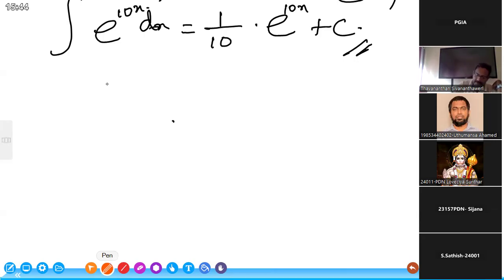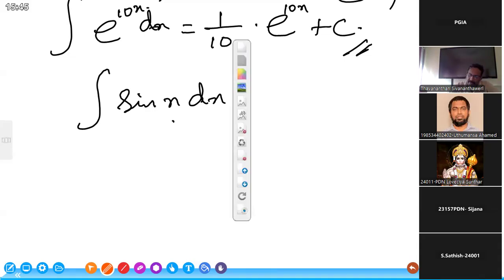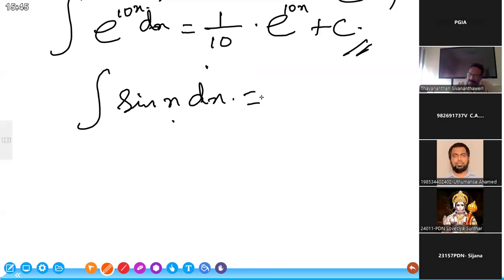Next one, integration of sin x dx. Anyone? Minus cos x plus c.